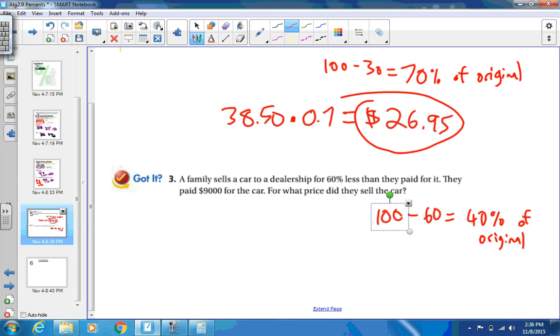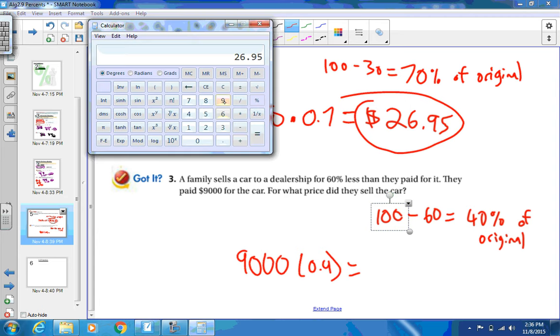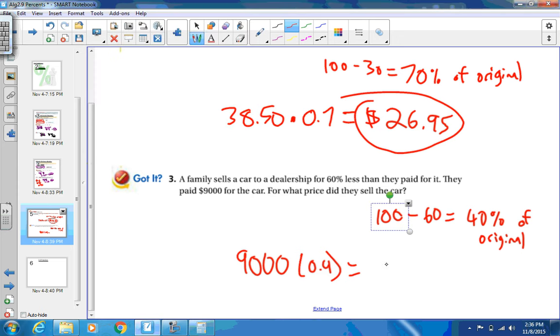And so we're going to take our 9,000, multiply it by the 40%, which is 0.4. And I got 3,600. So they sold it for a lot less than what they bought it for. But that would be 40% of the original there.